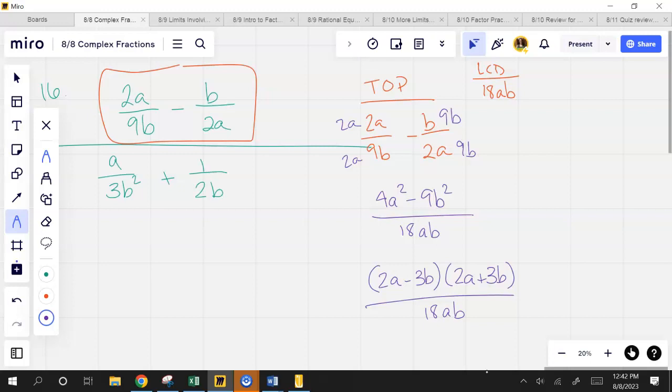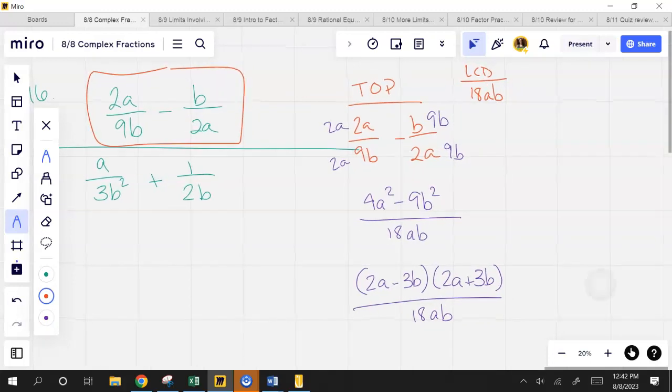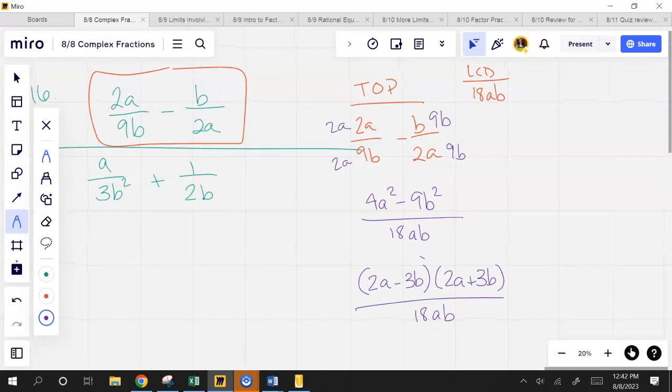Is that what you got? You did? Yeah, do the bottom also. That's my top. I said, did you get the right LCD?